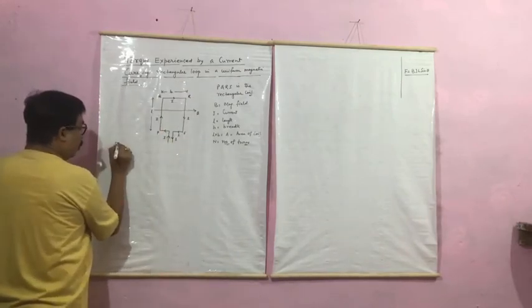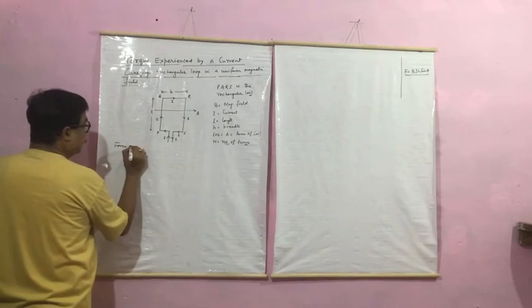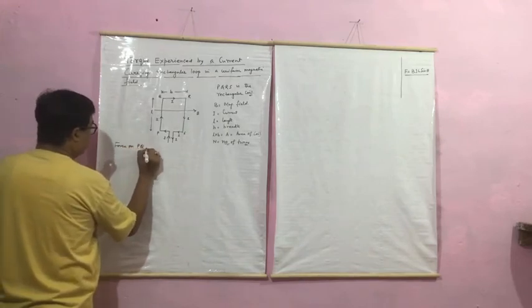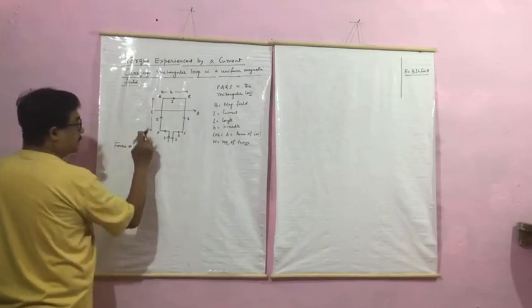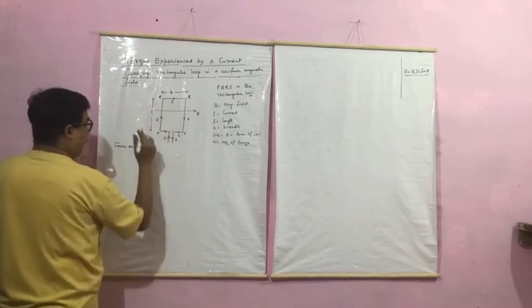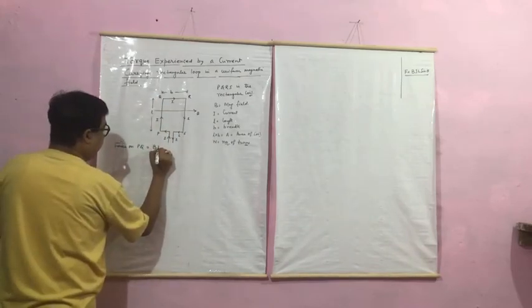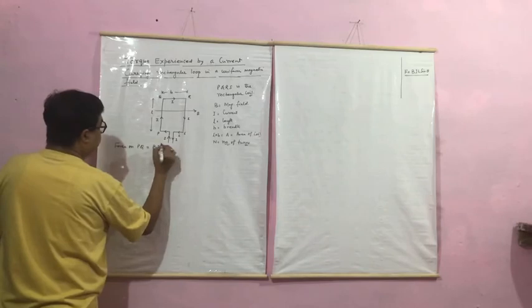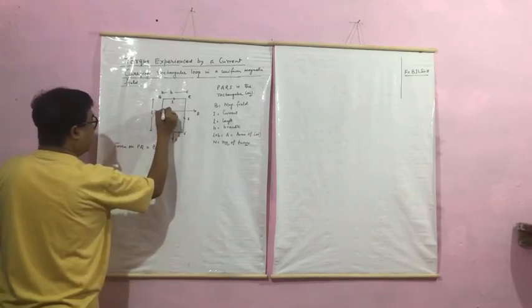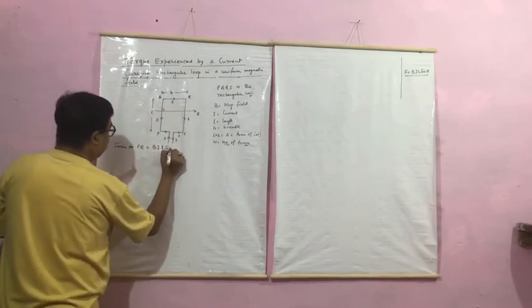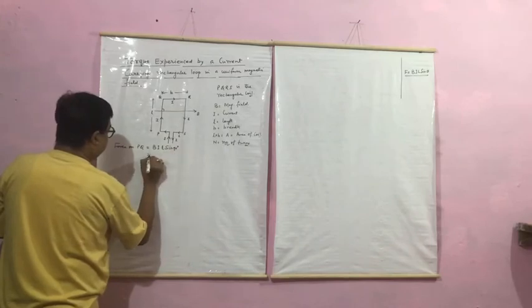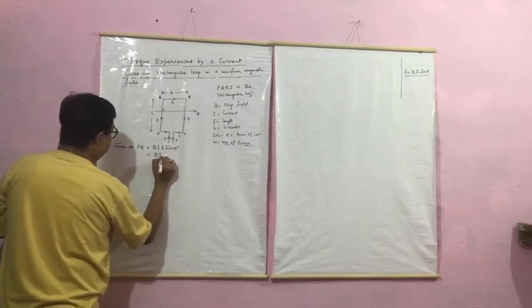So force on PQ, it is BIL. So BI small l and sine 90 because the angle is 90. Sine of 90 degree. So this is BI small l.